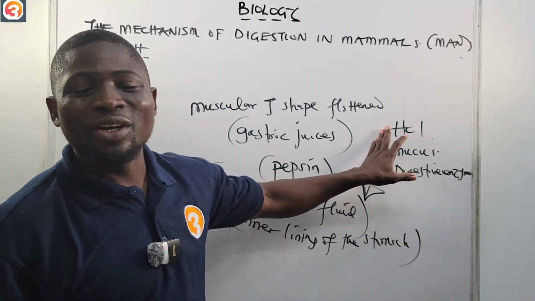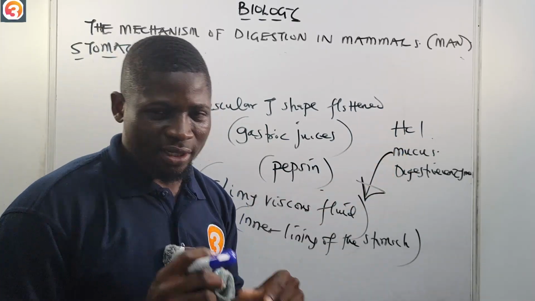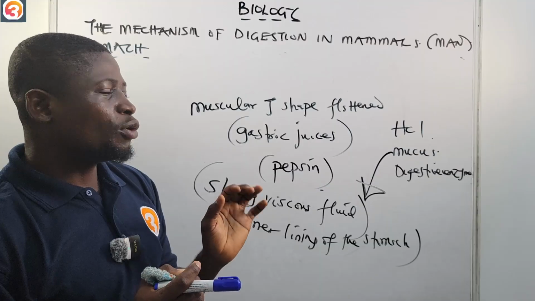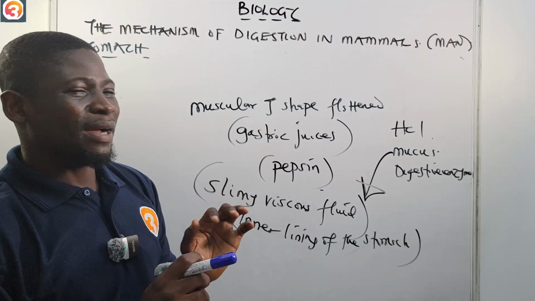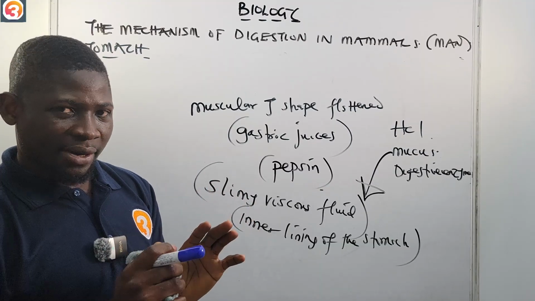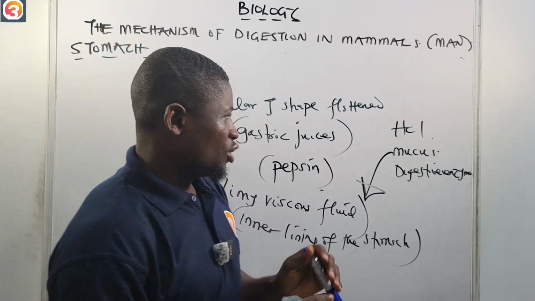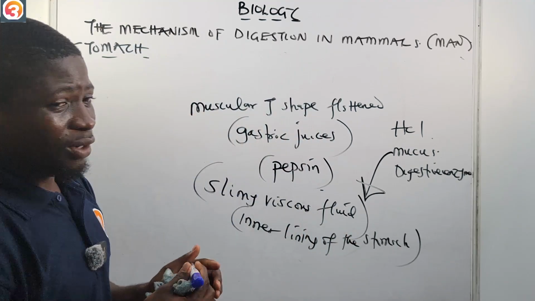Please take note of that. So this mucus protects the inner lining of the stomach so that the hydrochloric acid does not destroy the stomach. That's the function of the mucus, secreted by the mucous membrane. So that's what happens in the stomach.